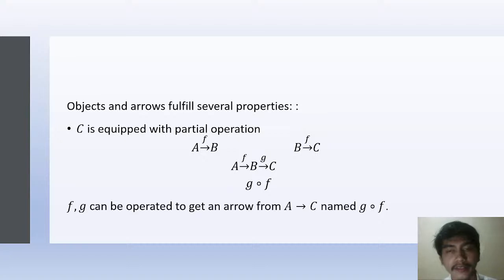The next property is the transitive property. C is equipped with a partial operation like this.